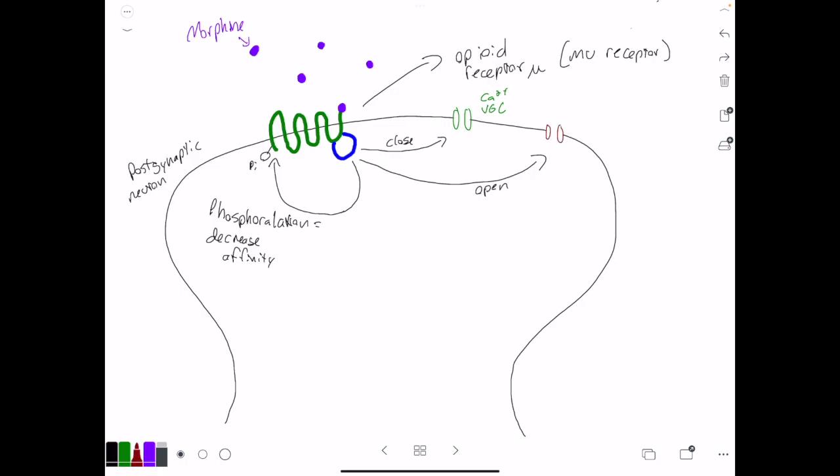We'll open potassium channels as well. So potassium can leave, and our calcium will not be able to get through. So it makes it harder for this neuron that has these mu receptors to fire an action potential. It keeps them quiet, right?